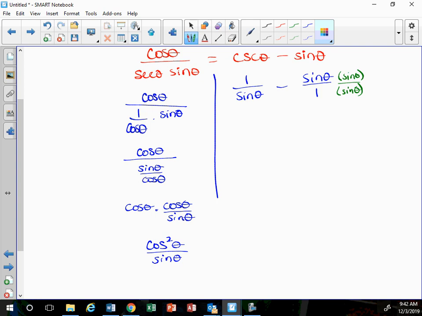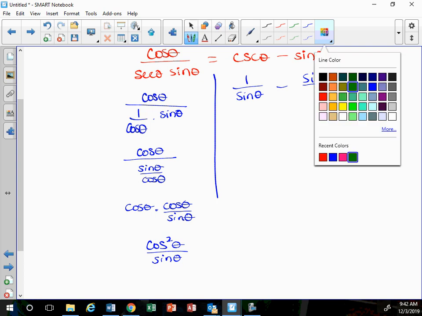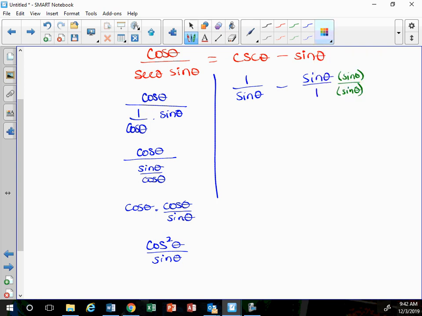I'm doing it in green just so you can see what I'm doing there. So my next step, I can just write the fraction. Do you guys see how it would be 1 minus sine squared? Algebra becomes very important as we do these proofs. You have to understand factoring, simplifying, common denominators, all that stuff. What is 1 minus sine squared? Cosine squared. You're done.